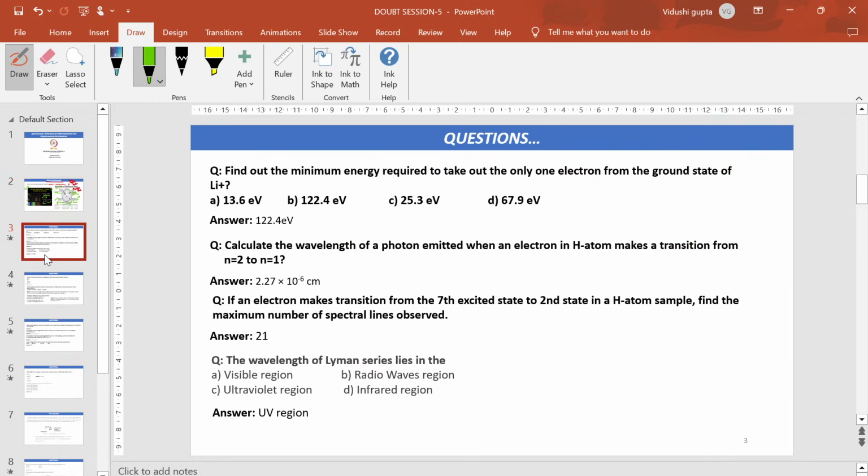So let's solve some questions related to this. Find out the minimum energy required to take out only one electron from the ground state of Li+.